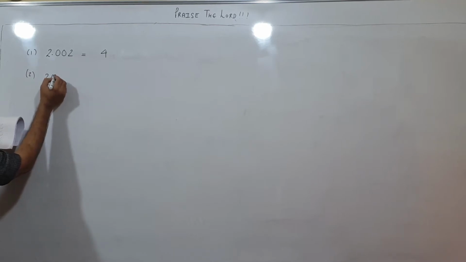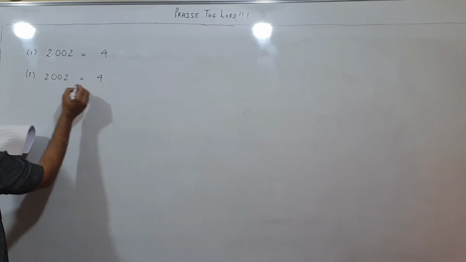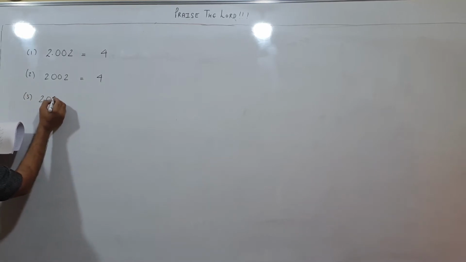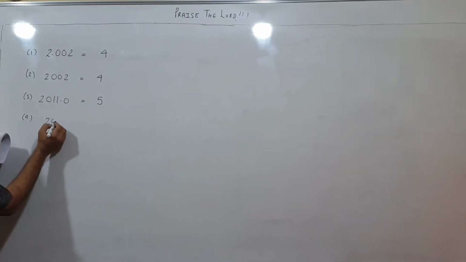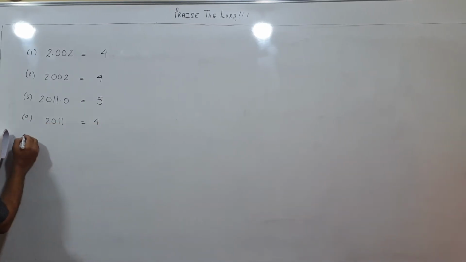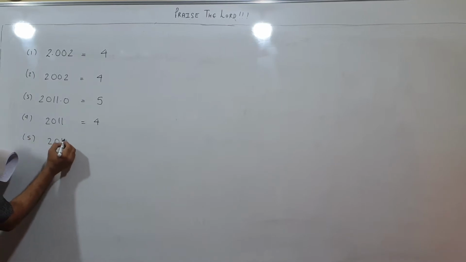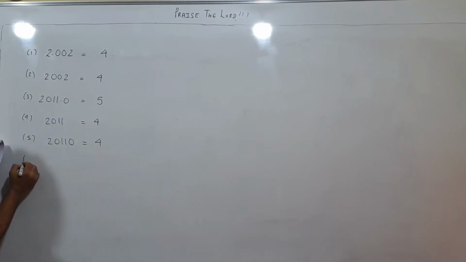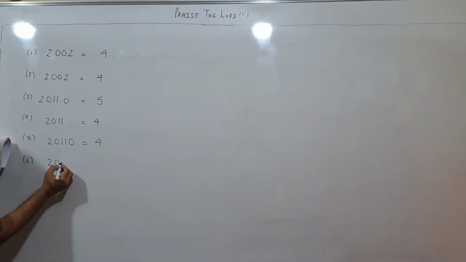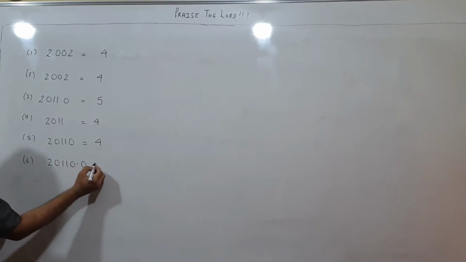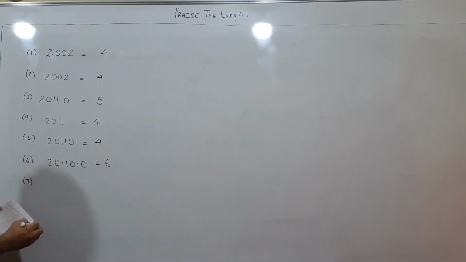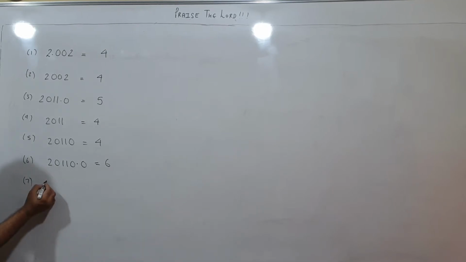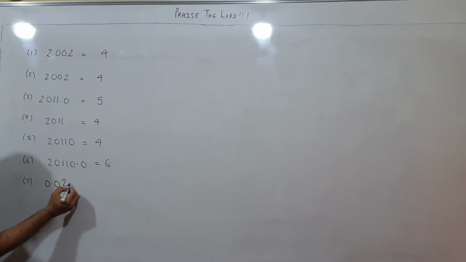I am just writing 2002, that will be 4. 2011.0, that will be 5. 2011, that will be 4. 2011.0, that will be 6. 1, 2, 3, 4, 5, 6. 7th, 0.02011, that will be 4.